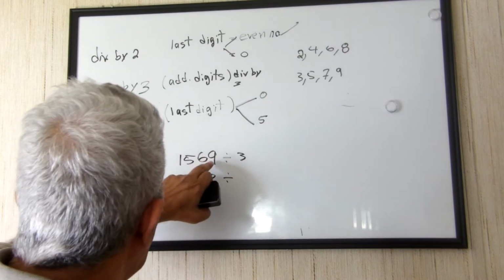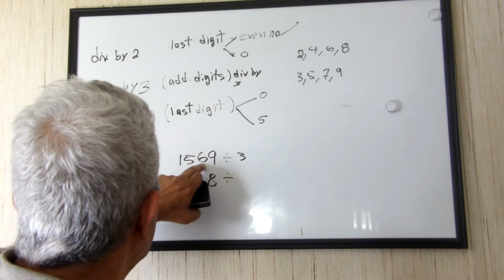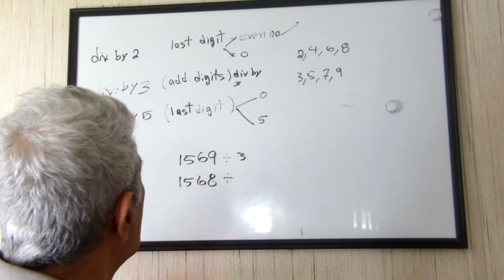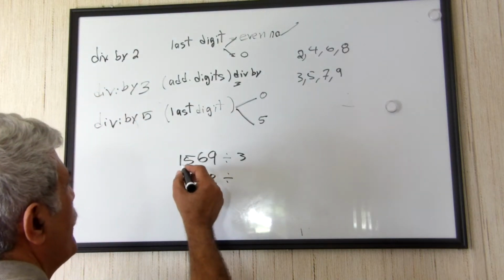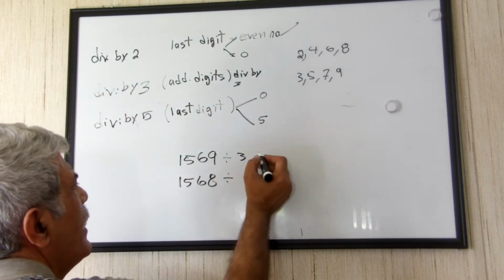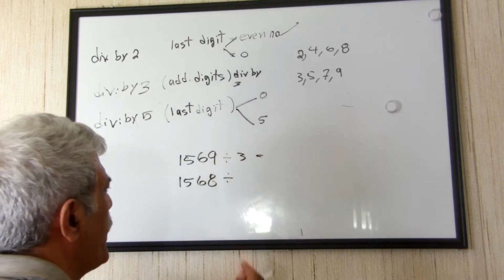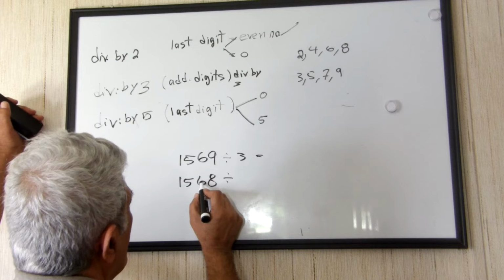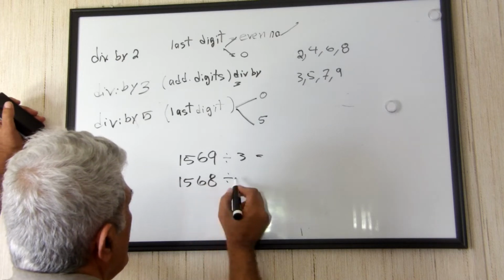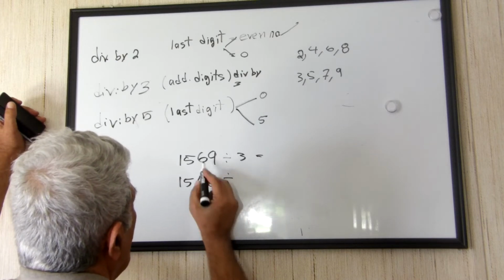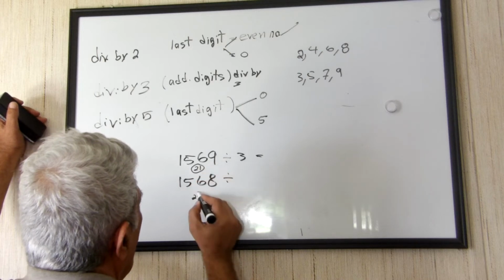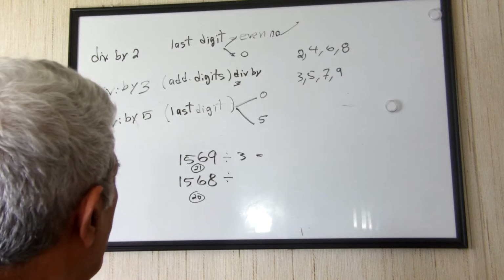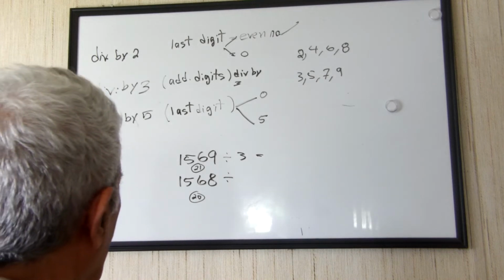We add these numbers together: 9, 6 is 15, 15 plus 5 is 20, plus 1 is 21. 21 is divisible by 3, so 1569 can be divided by 3 with no remainder. But this one, if we add together 8, 6 is 14, 14 plus 5 is 19, and the total is 20, not 21. We cannot divide this one by 3. It has a remainder.